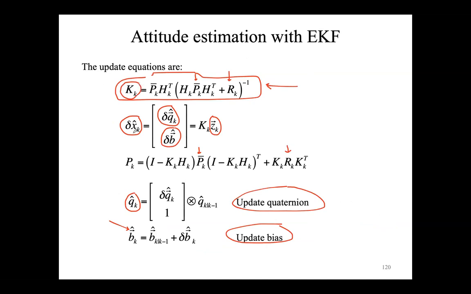So what we want to compute is our delta Q. But as I said, the extended Kalman filter also enables the estimation of the error associated with the gyroscope.